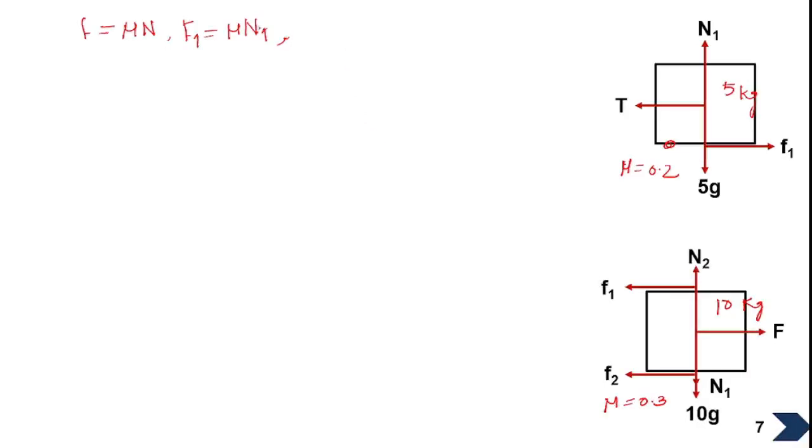It is given in the question, so we can have F1 as 0.2 N1. Let us keep this as an equation first.